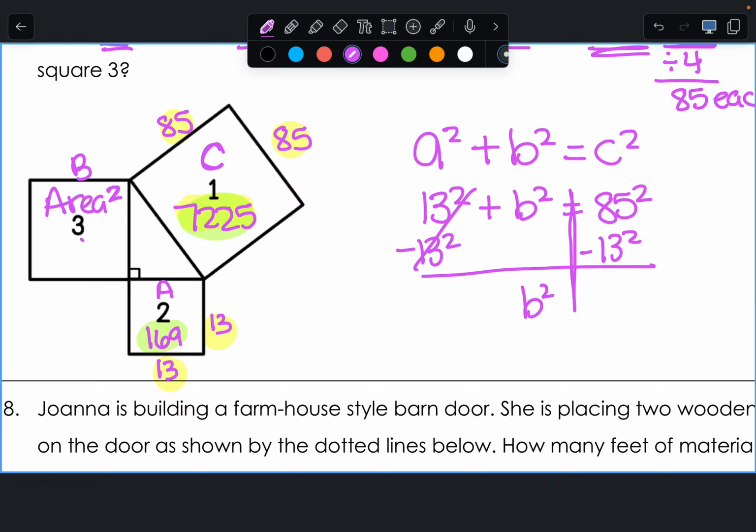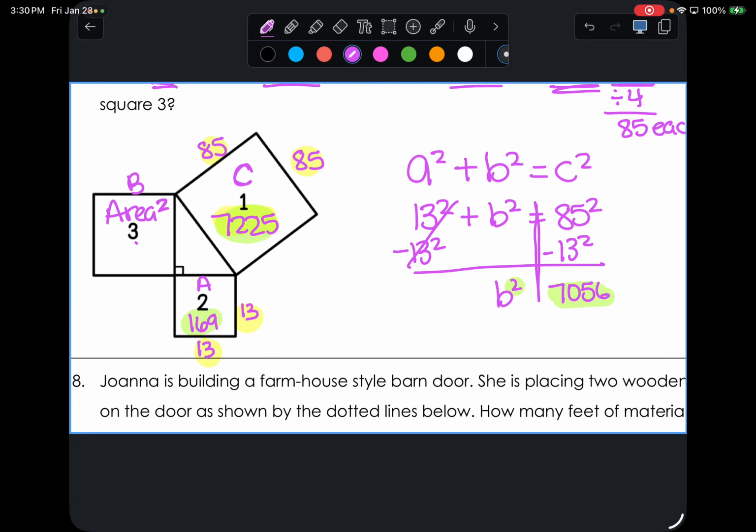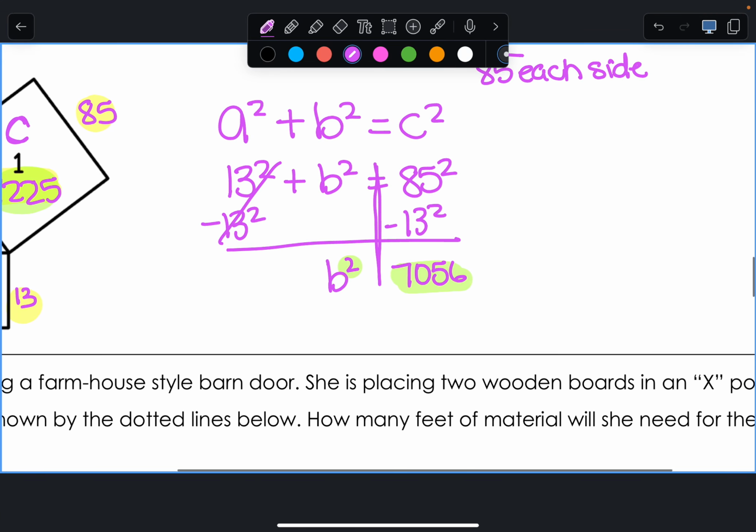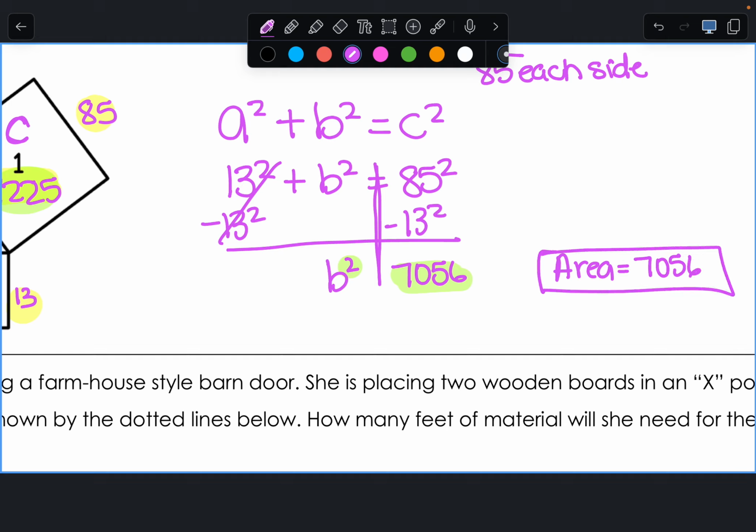And you get? And since it still has that little 2, 7,056 is the area. It's still in area mode, right? We don't have to square root it. The only reason we would square root is if we're looking for the side.